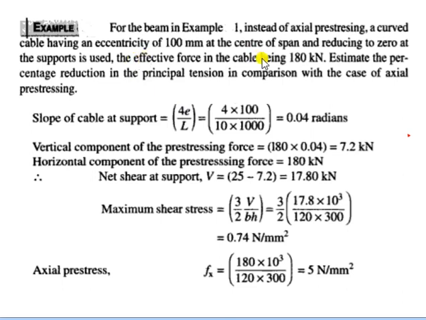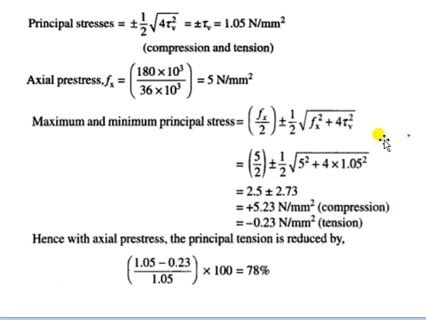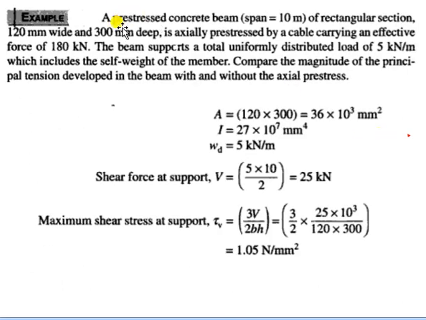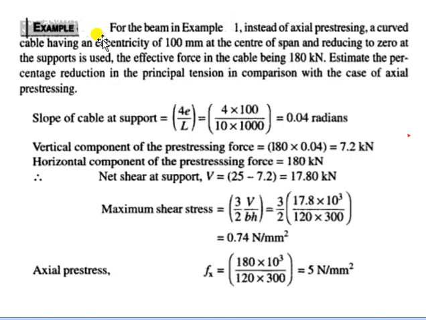So here it is a rectangular section of the same size as the previous problem. That is, the cross section of the beam is 120 mm by 300 mm and span is 10 meter. So for the same beam, the beam is provided with a curved cable having an eccentricity of 100 mm at the center and 0 at the support.